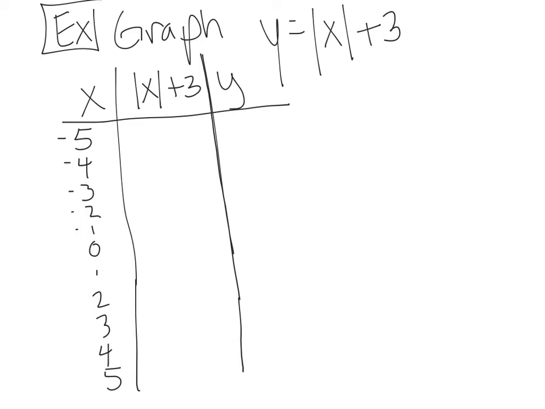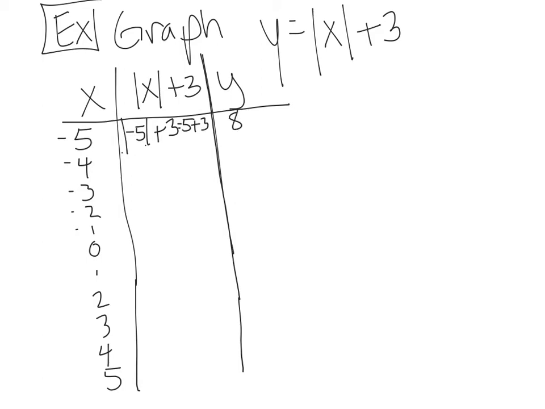We may not always need to choose such a long list as we get more familiar with our functions. We're going to plug in the absolute value of -5 plus 3. Just like in order of operations, we take the absolute value first because it works as a parentheses. So it would be the same as 5 plus 3.